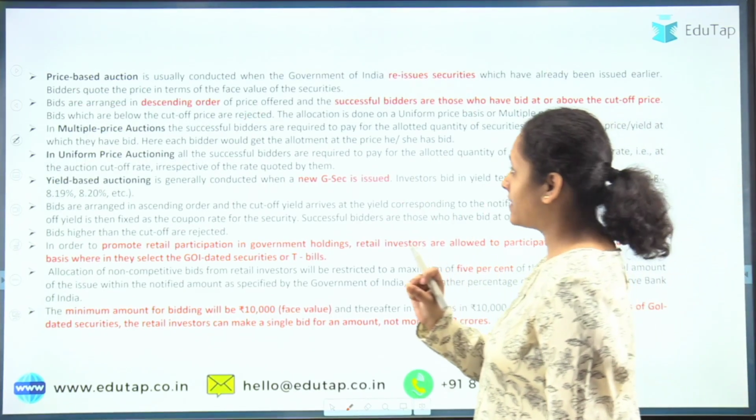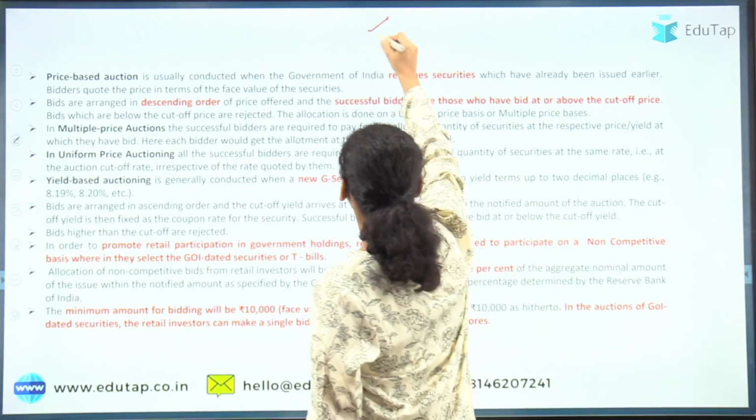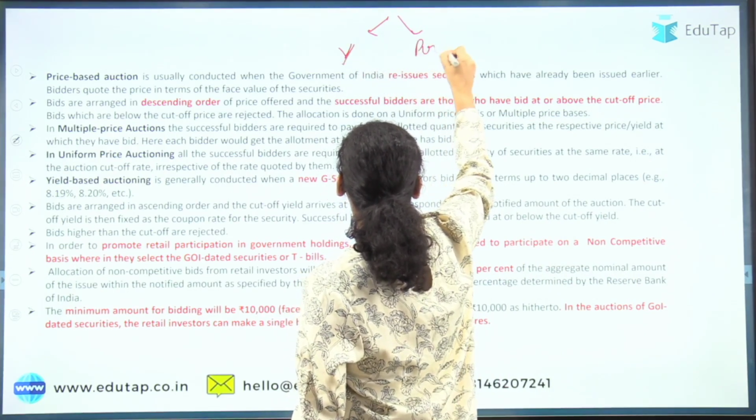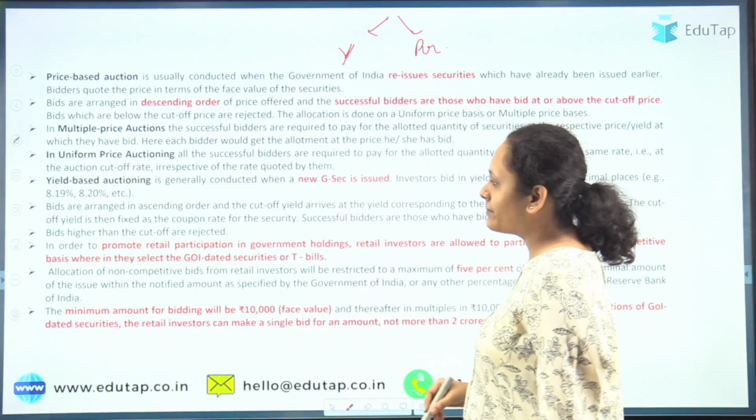First, as I said, there are two types of auctioning: yield and price. What is yield based auctioning?